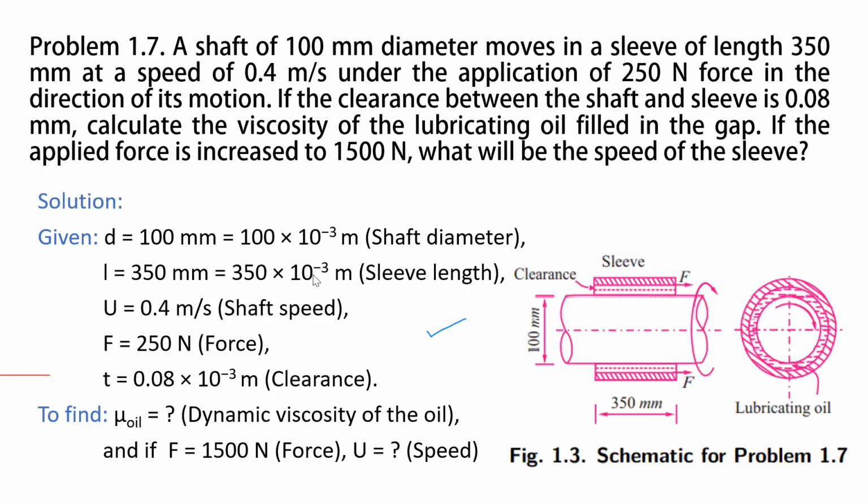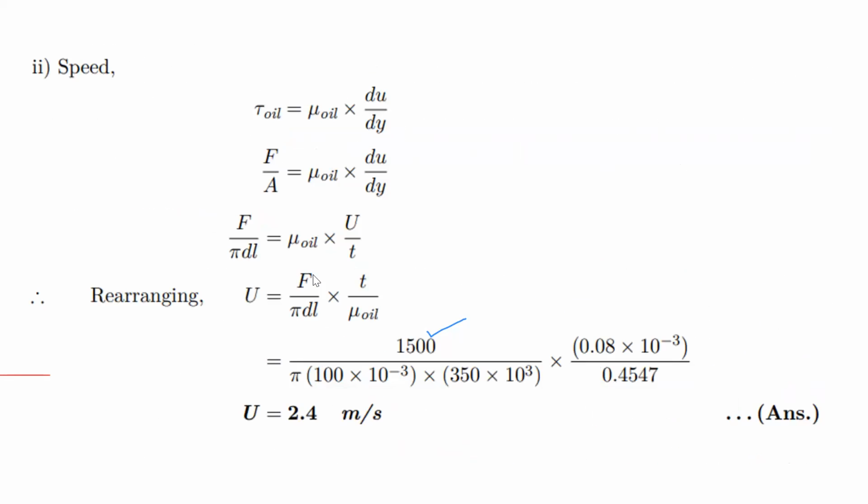So length is minus 3, not plus. Please make the correction here. So 350 into 10 to the power of minus 3 and thickness 0.08 into 10 to the power of minus 3, divided by mu oil, what you have found in the previous part.